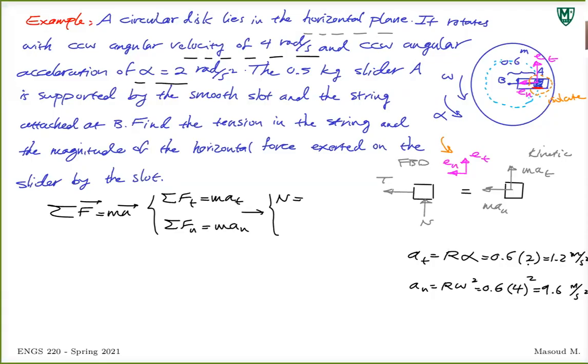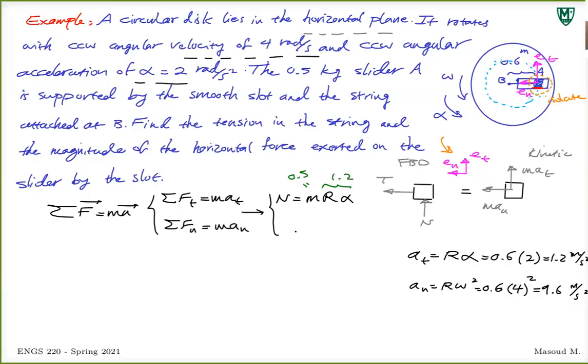MAT is M times AT. I got 1.2, and the mass is 0.5, so this becomes 0.5 times 1.2. Make sure you follow what we did here. It becomes M R alpha, where M is 0.5 kilograms and alpha is 1.2, as we calculated.